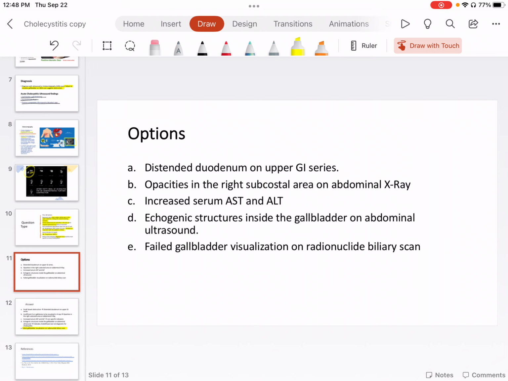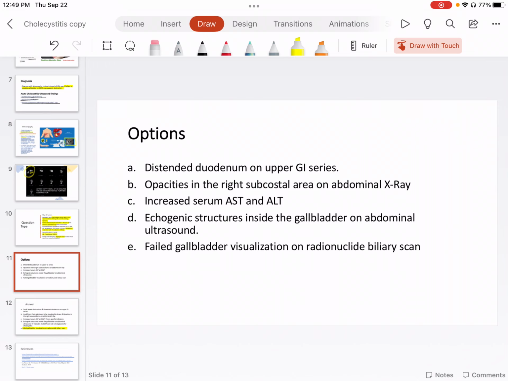Option B, opacities in the right subcostal area on abdominal X-ray. Usually gallstones don't have that much calcium that they can be seen by X-ray. So therefore, X-ray is not the diagnostic test for gallstones. Increased serum AST and ALT. Elevated serum AST and ALT does show that there is some problem in the liver, but it is not a diagnostic criterion for cholecystitis.